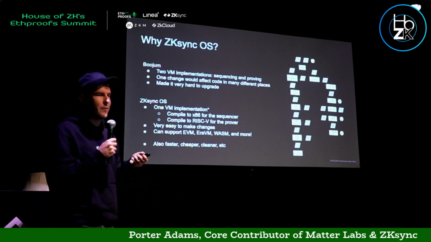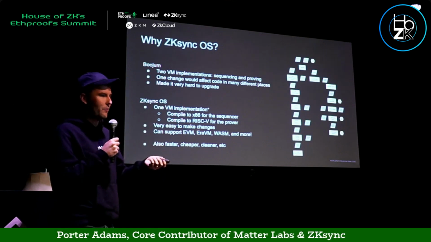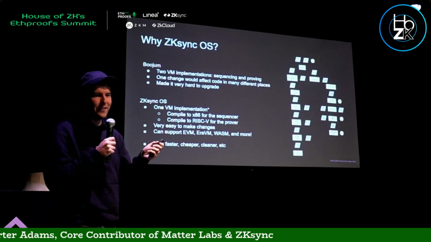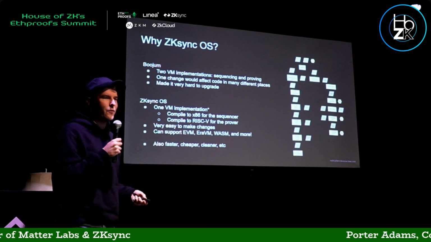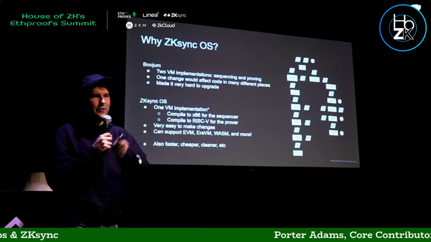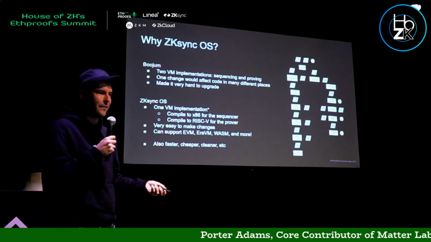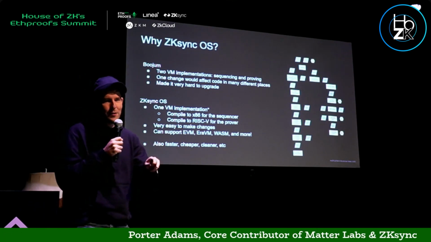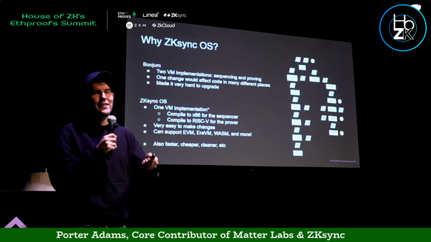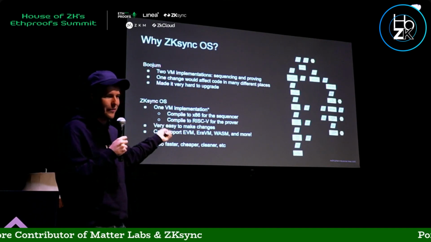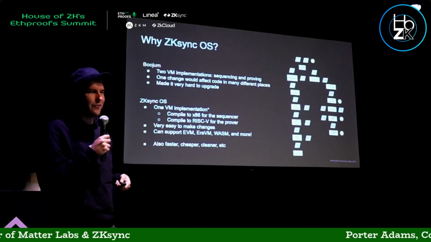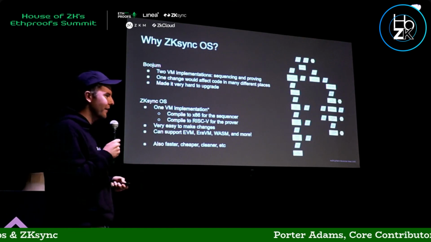Then when it comes time to prove, you take almost the exact same code, compile it to RISC-V, and prove that. So hopefully your sequencer and prover are mostly doing the same thing. There are a couple of small differences, things that need to happen in the prover but not the sequencer, but those are much easier to keep track of this way, as opposed to having two wholly separate instances.